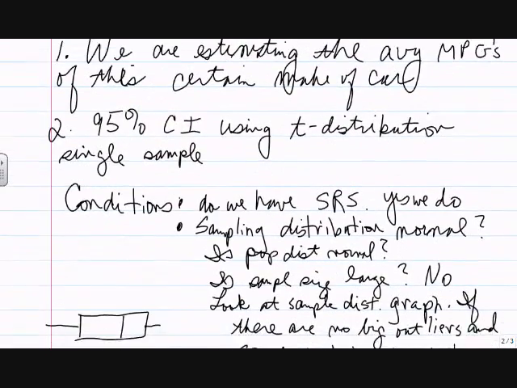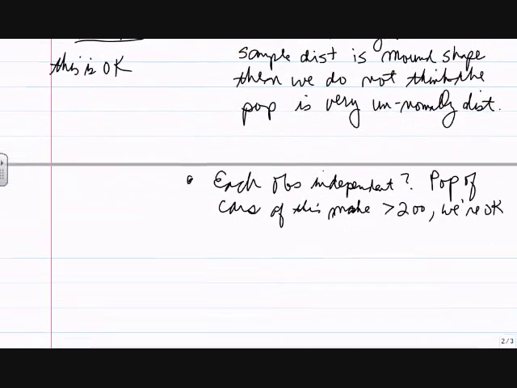Now we go on to step 3. We do the math. My confidence interval is going to be my mean plus or minus. I don't get to use a normal distribution because I don't know the standard deviation of the population, so I don't use a critical Z, I use a critical T for the T distribution.